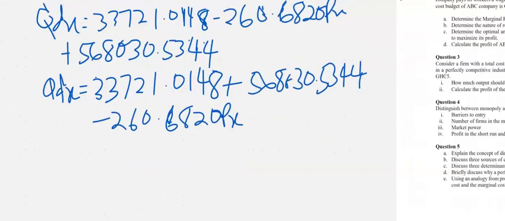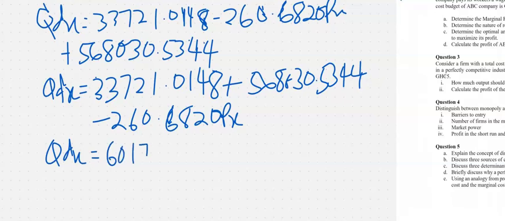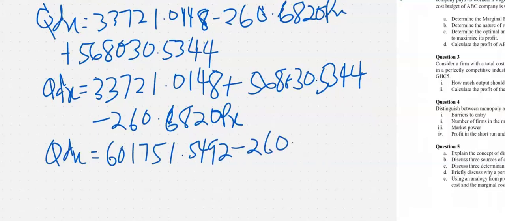Okay. So the total gives us QDX equals 601751.5492 minus 260.6820 PX.